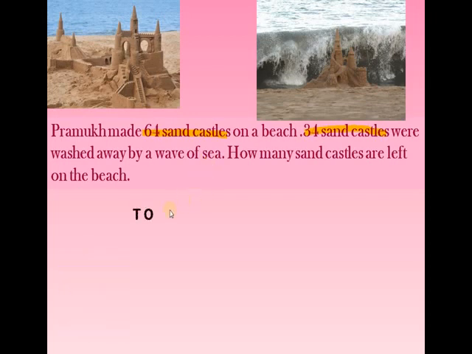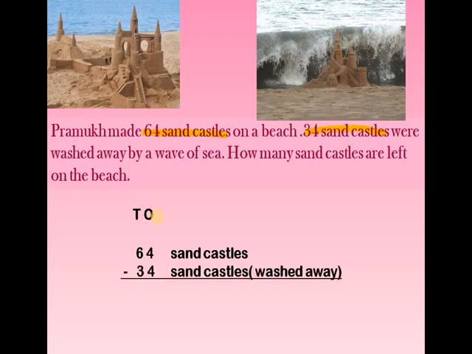Perfect. Subtract. So write ones and tens. First number would be 64 sand castles, which are the total in count, and then minus 34 sand castles, because they were washed away. After that, follow the rules.